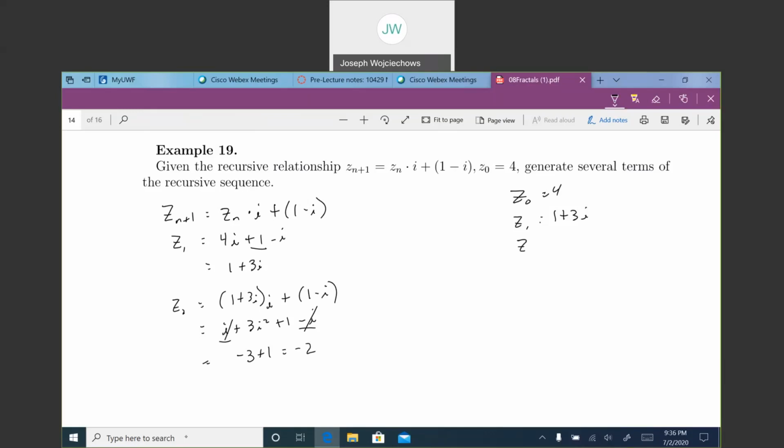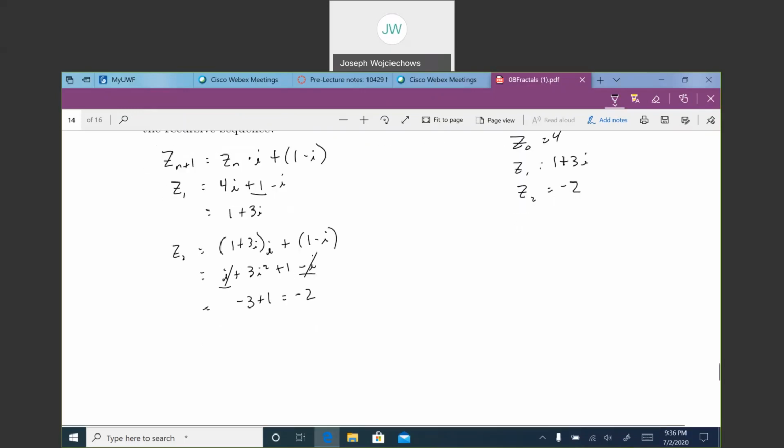So z sub 2 is equal to negative 2. Z sub 3 would equal z sub 2, which is negative 2, times i plus 1 minus i. This is negative 2i plus 1 minus i, which would equal 1 minus 3i. So z sub 3 would be 1 minus 3i.